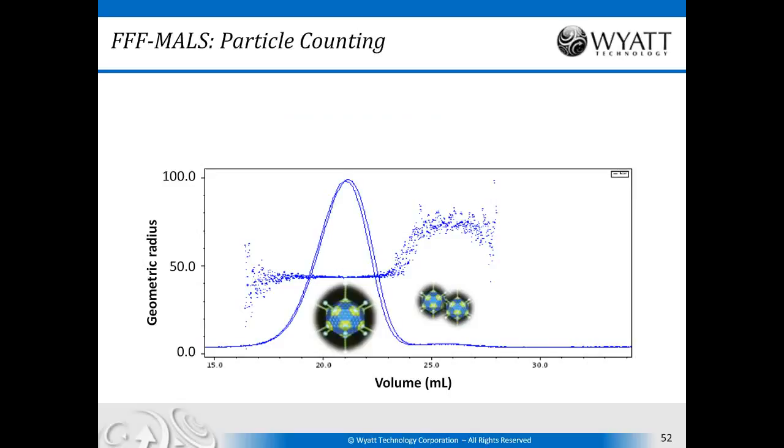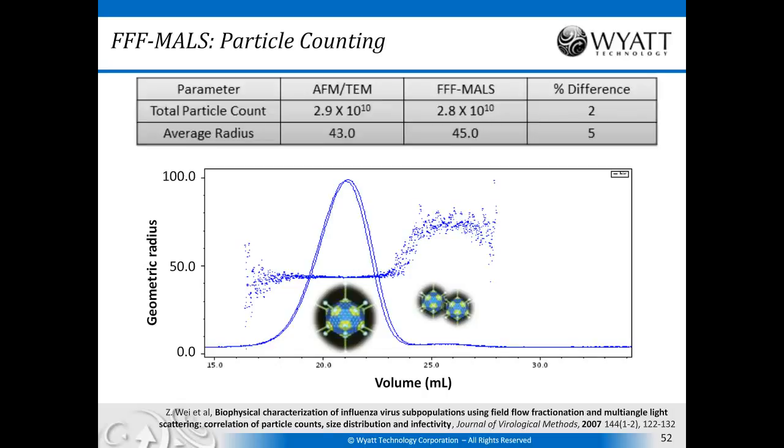Another thing that we can do with FFF-MALS is particle counting. And so that uses the analysis, which I won't describe right now, but it does use basic first principle light scattering theory to determine the actual numbers of particles in solution, the number density.